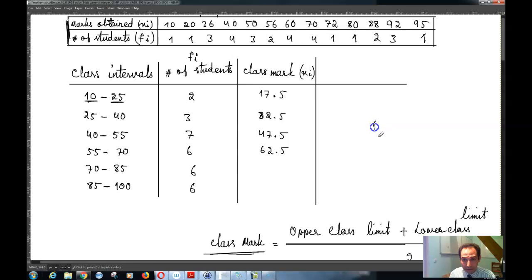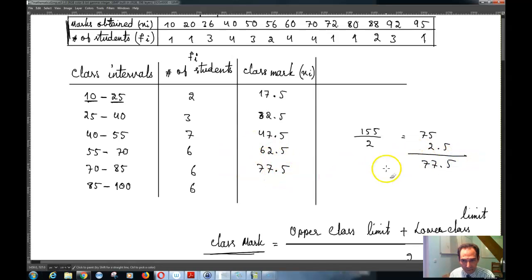So for example, 62.5 plus 15 is 77.5. And of course, if you do the calculation directly here, you will get 155, and 155 divided by 2 is the same thing as 75 plus 2.5, which is equal to 77.5.